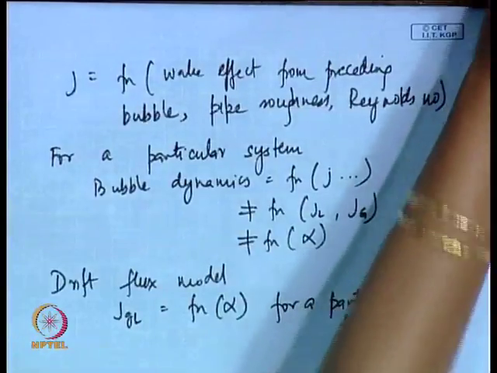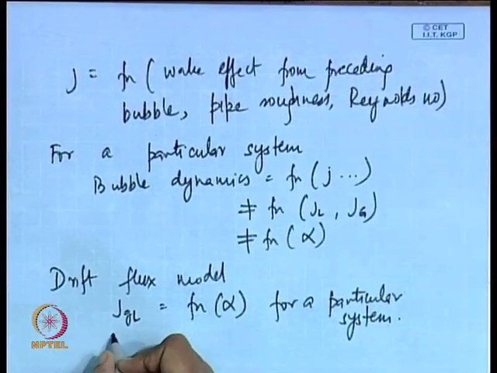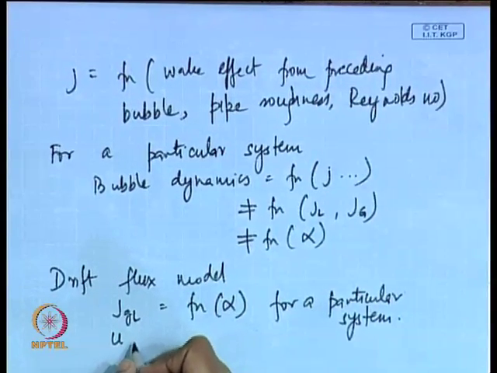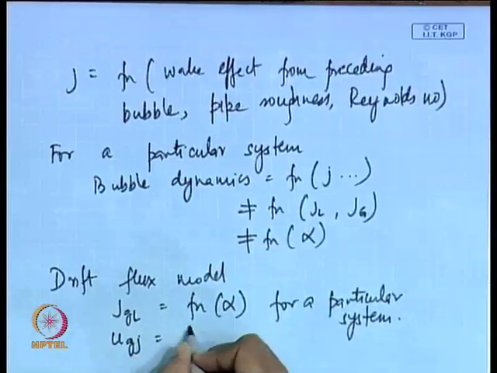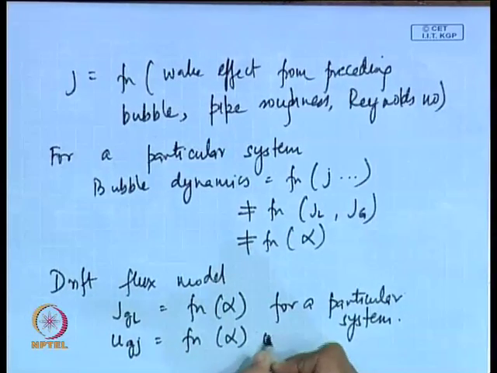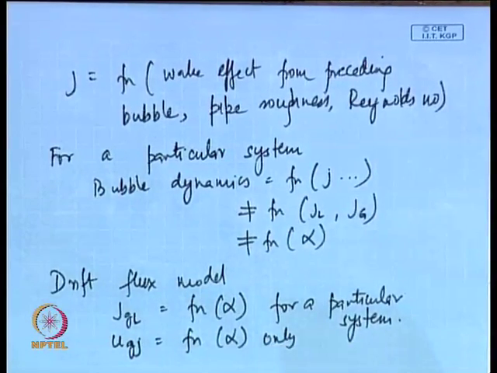If JGL was a function of alpha, then naturally UGJ should also be a function of alpha only, yes or no? Try to understand, I am speaking quite contradictory things. By considering the slug flow dynamics, what do we get? We find that slug flow dynamics is primarily governed by the bubble dynamics, the rise characteristics of the bubble.